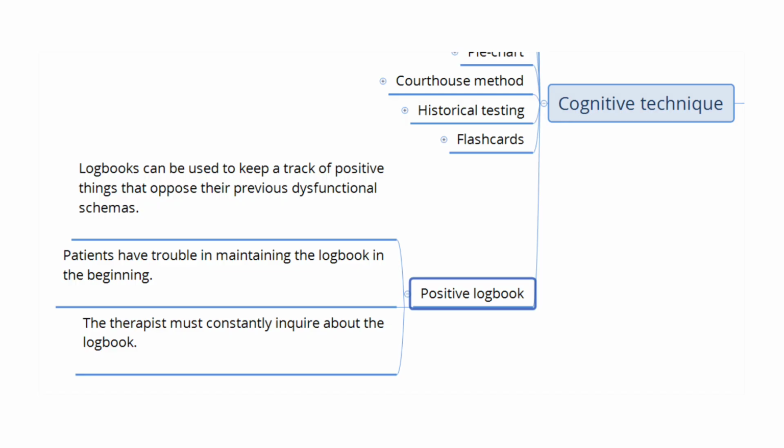Even though her mother reacted in a rude manner and the patient became upset about it, it must be mentioned in the logbook because the patient did something which she normally wouldn't have. So it helps the patient to keep track of the big or small achievements.